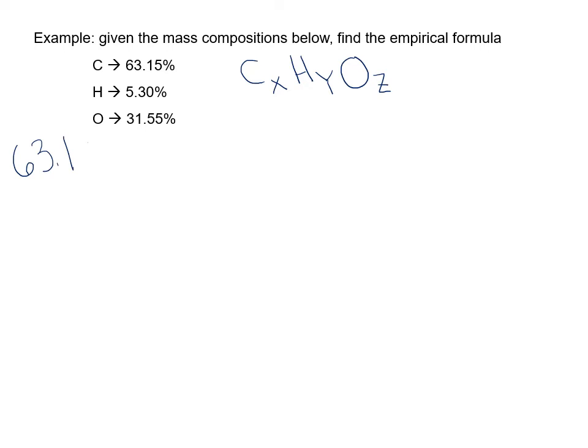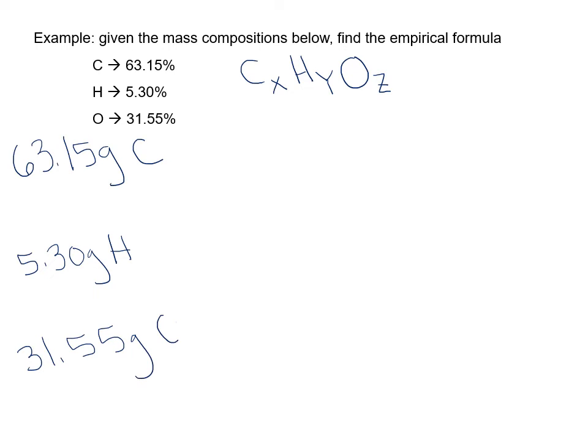So I'm going to assume that there's 63.15 grams of carbon, 5.30 grams of hydrogen, and 31.55 grams of oxygen. And then again, we're going to convert each of these masses into moles using the molar mass from the periodic table.